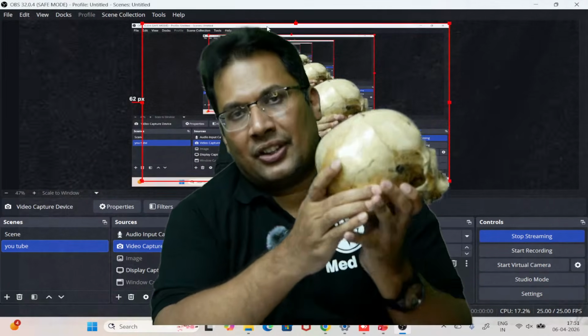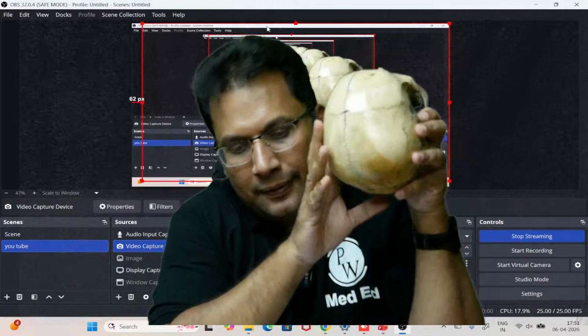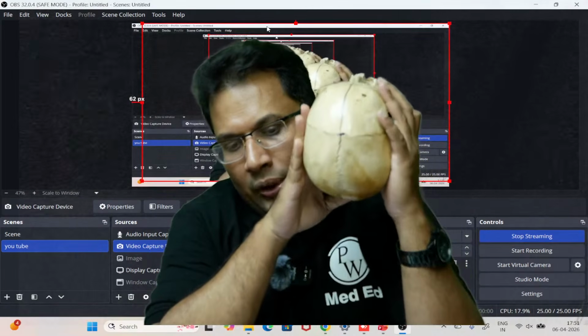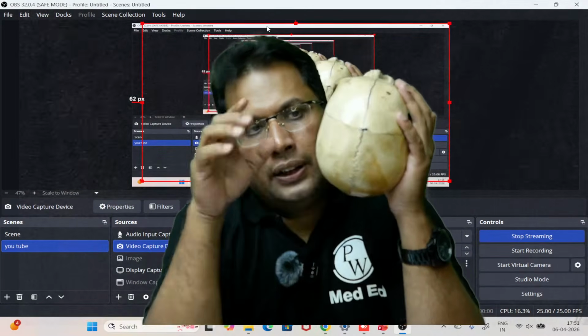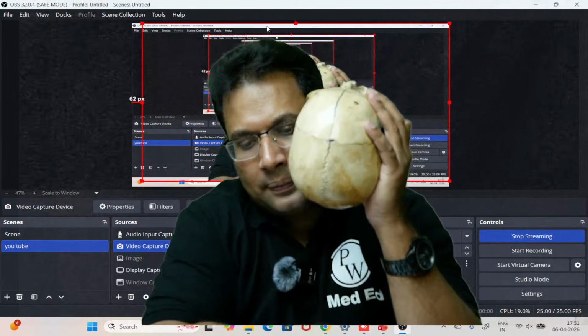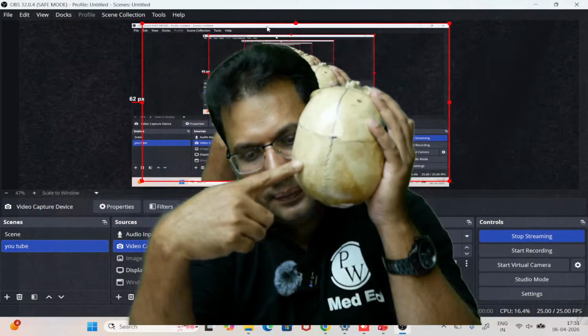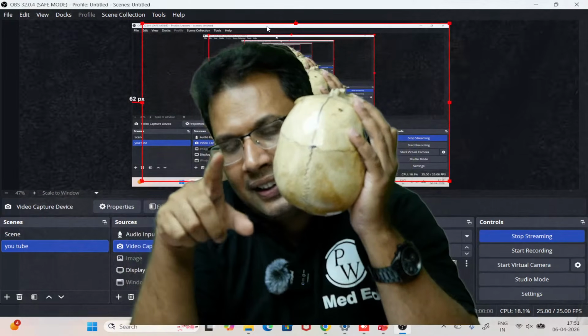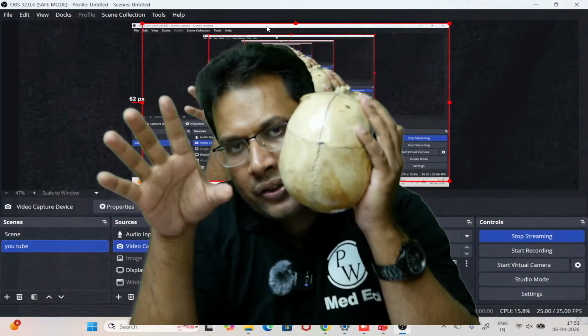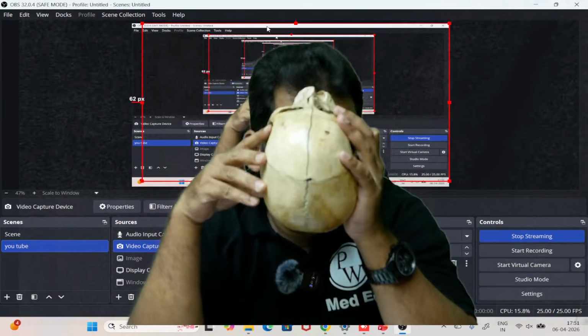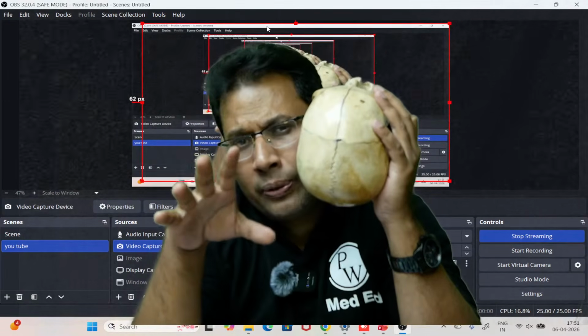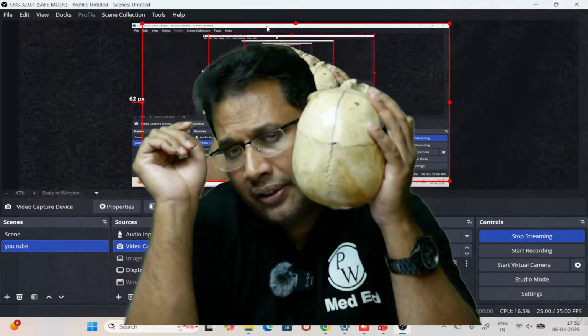Now age estimation. How to estimate the age? Now look at this skull. Now you can make out a sagittal suture. This is the sagittal suture. The sagittal suture is not fused. It is completely open, from the inside as well as from the outside.